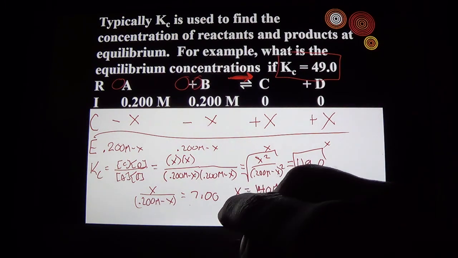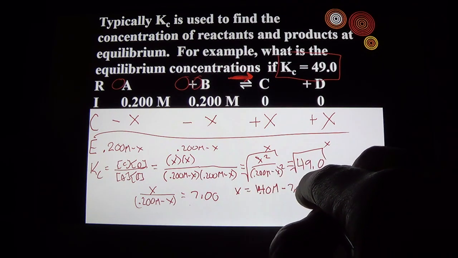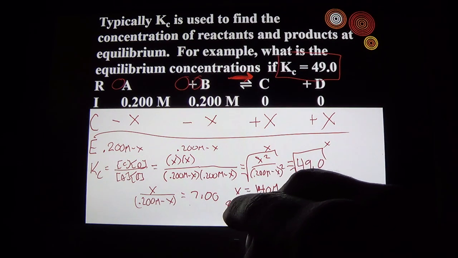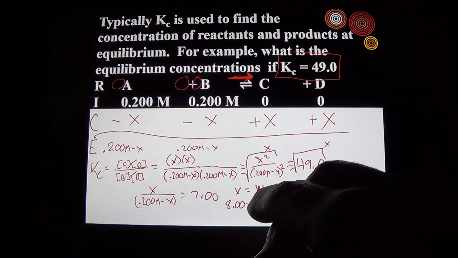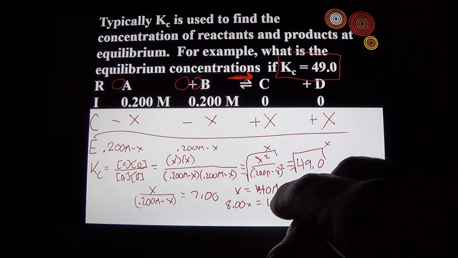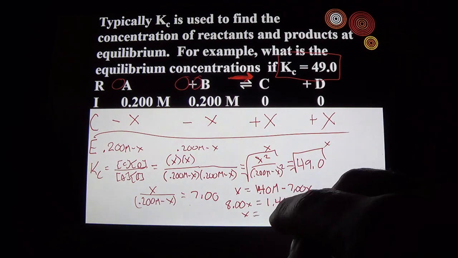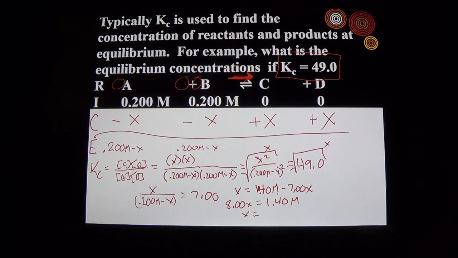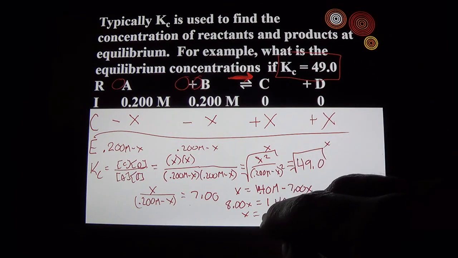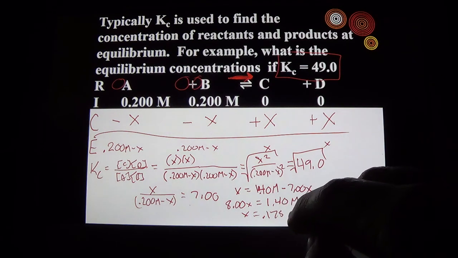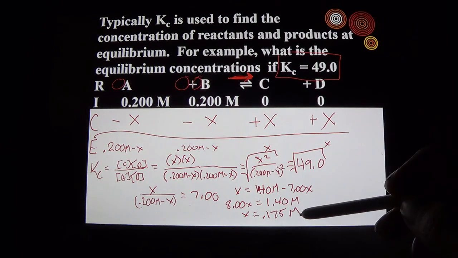Let's group our like terms. 7.00x plus another x is 8.00x equals 1.40 molarity. So x is equal to 1.4 divided by 8, 0.175 molarity. Now notice I do have a label on x.